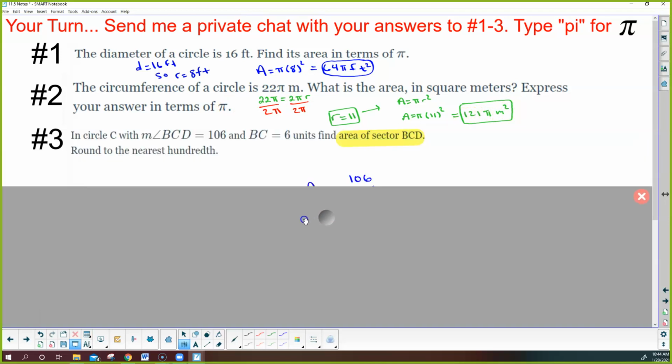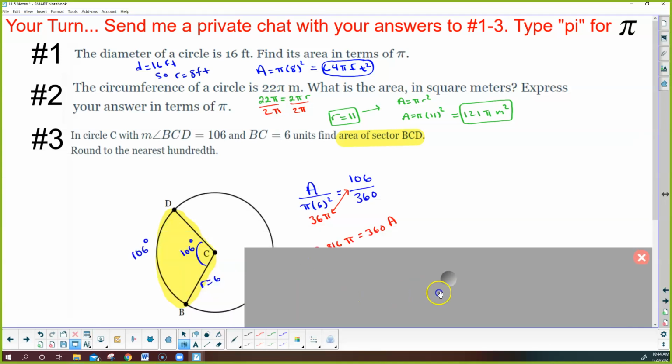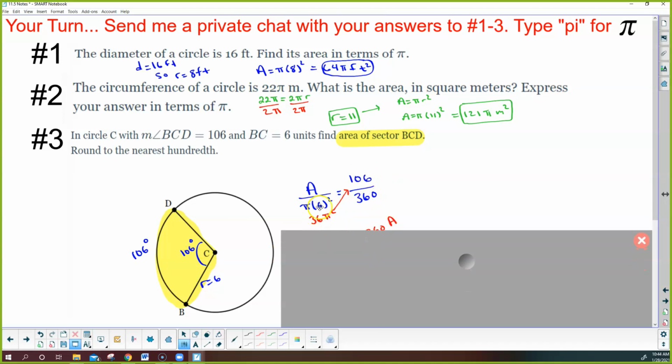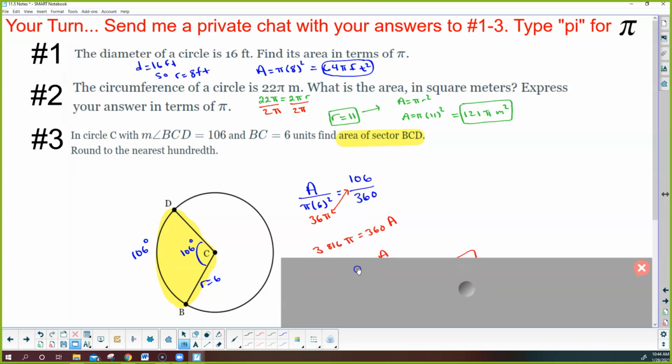All right, and then the last one, this is the work that I had done, is I took the area of the sector over the area of the circle, and the radius is 6, equals 106 over 360. And then I found the area of the circle, 36 pi, and I times it by 106. And then I divided by 360.